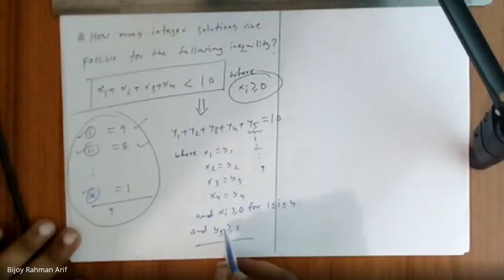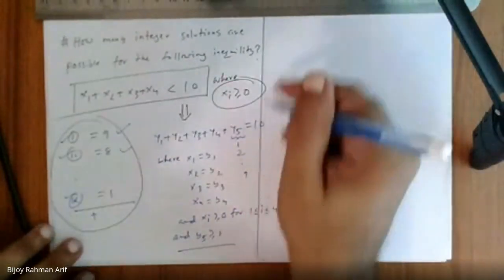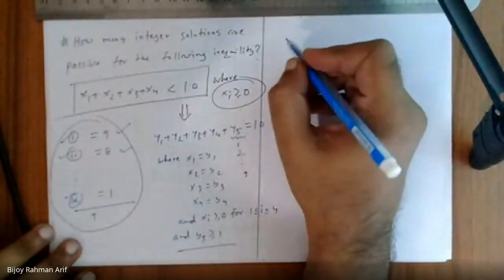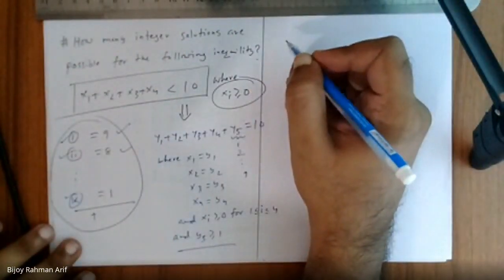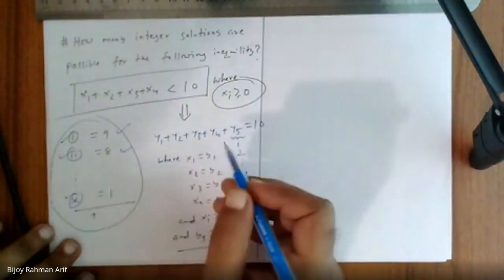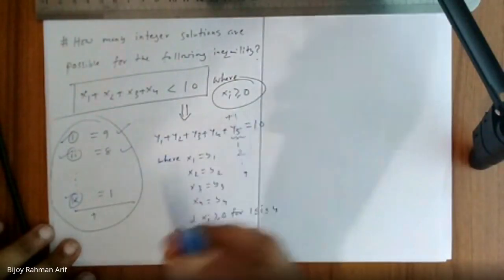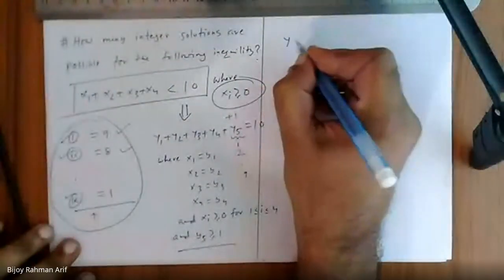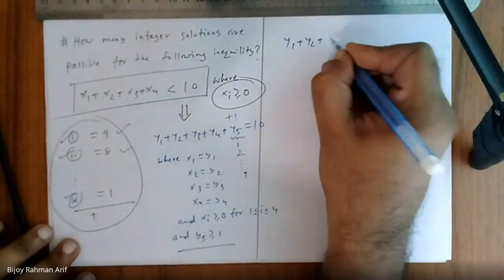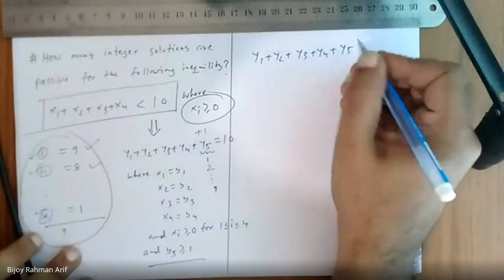Now y5 should be greater or equal to 1. How about this? Now, if I already put plus 1 to y5, then what would be this equation? It is nothing but y1 plus y2 plus y3 plus y4 plus y5. I put 1 already in here.